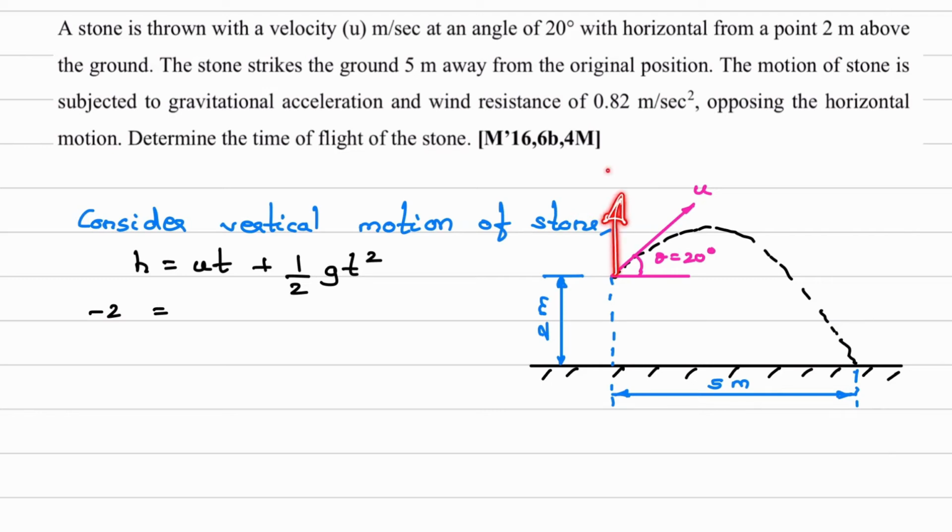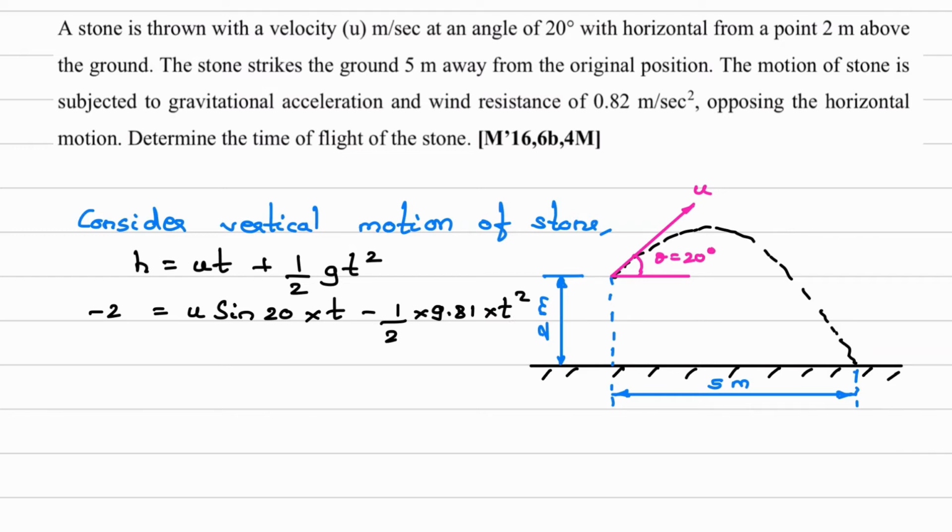So it will be u sin 20. Upward direction, so plus u sin 20 multiplied by time t. Now acceleration due to gravity is negative, so minus half into g, 9.81, into t square.